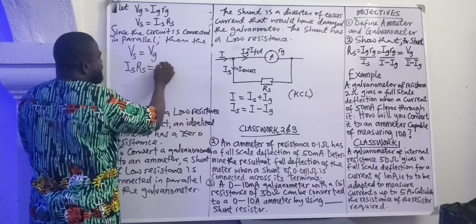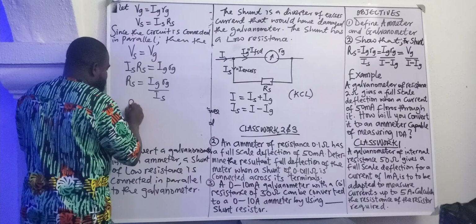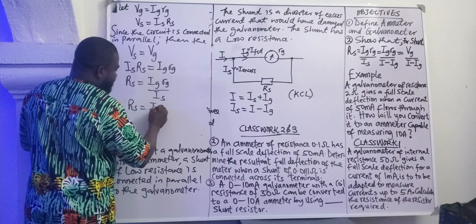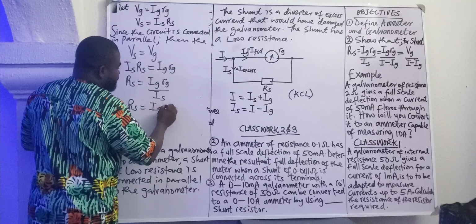If I make Rx the subject, I have Rx is equal to Ig Rg all over Ix. And I can write it preferably this way, that Rx is equal to Ig Rg over, in place of Ix, now I will put this relationship I minus what? Ig. You have to take note of this formula.